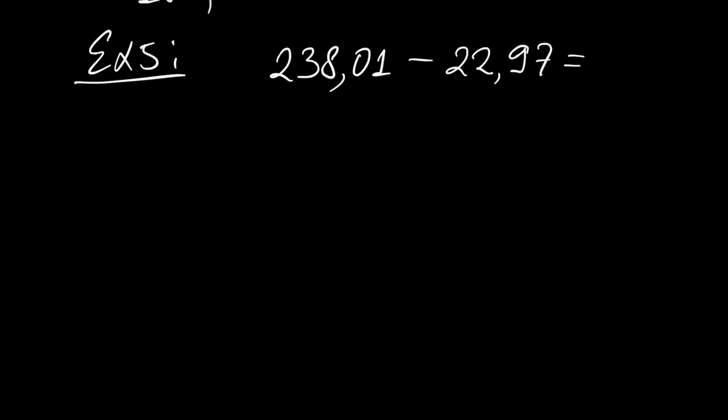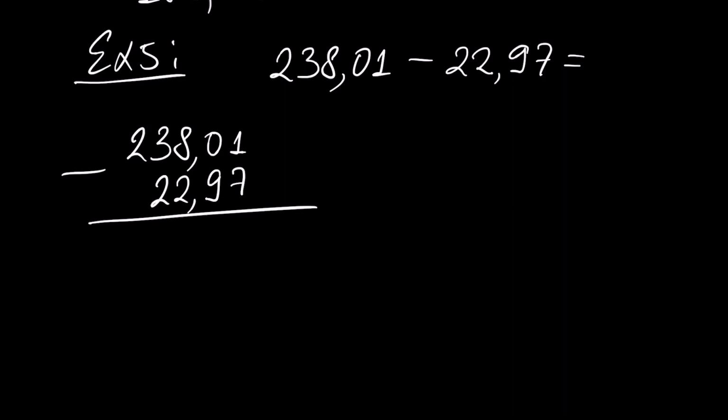Let's write it, and we have to write, of course, every digit in its proper place. 238.01 minus 22.97. You have to pay attention here. We cannot take 7 from 1.